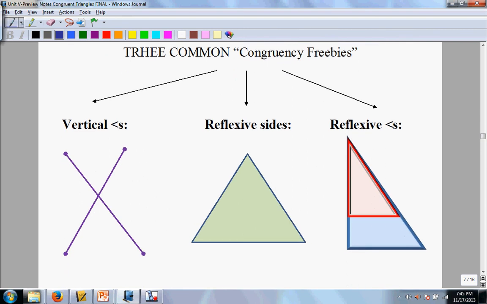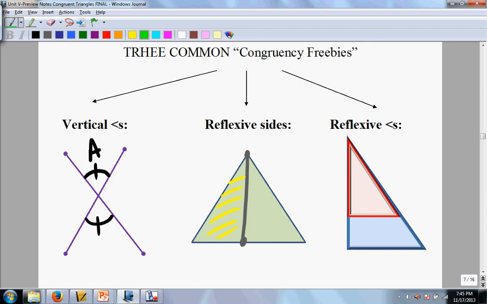One would be something called vertical angles, and you guys know this. If you see angles that are vertical, like so, you should hatch, and put an A for congruent angles. Another freebie, draw in straight down a side here. So now technically we have two triangles.